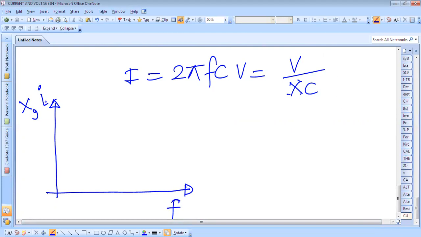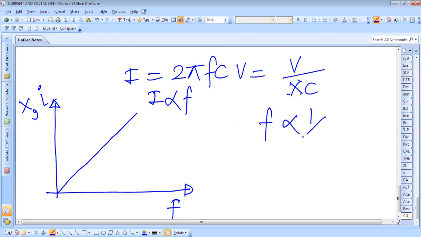If you plot current versus frequency, the current is directly proportional to the frequency.